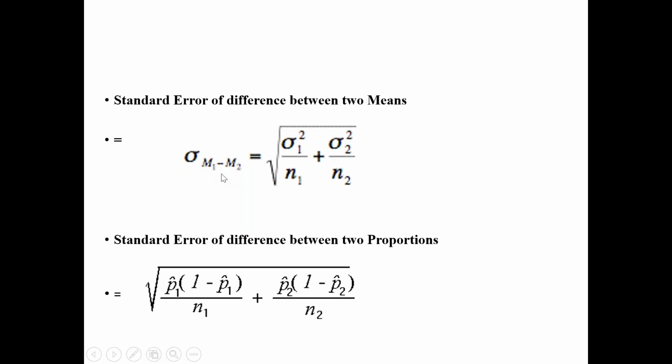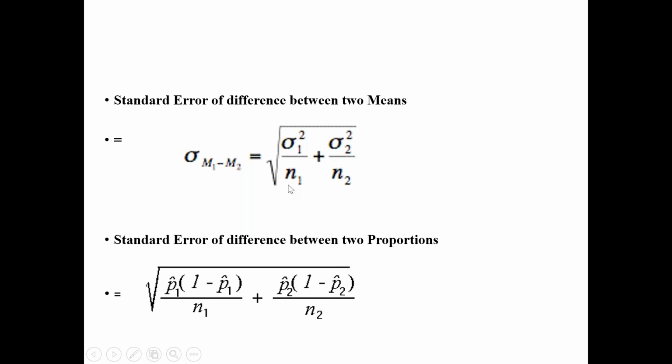The standard error of m1 minus m2 is under root sigma 1 square divided by n1 plus sigma 2 square divided by n2. Now all these are squared, so that is why I take the root again. So that will be similar to that of the standard deviation. So this is the standard error of the difference between the two means.